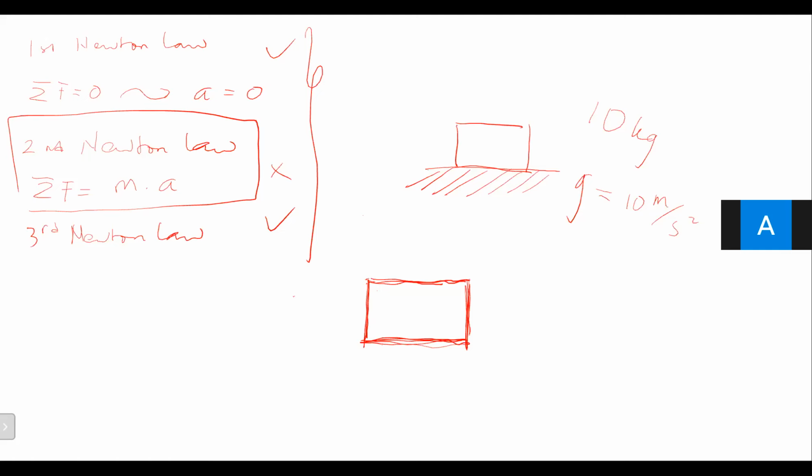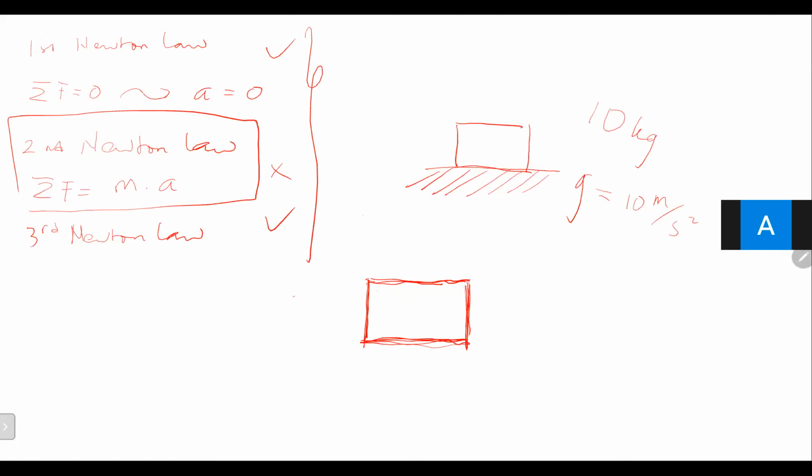Wait. The gravity, the force due to the weight, is it not supposed to be at the bottom? I mean from the center of the body. Actually, it's not the center of the body, but it's supposed to be from the center of gravity.